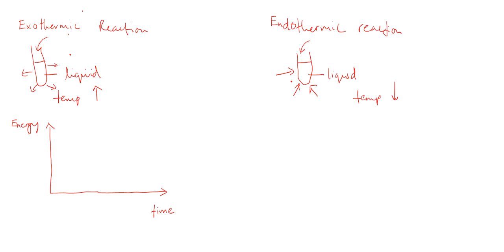What you have to put is, let me just get rid of that time here, what you're supposed to put is reaction pathway. Make sure and remember that. Okay, so it's energy against reaction pathway, not energy against time.